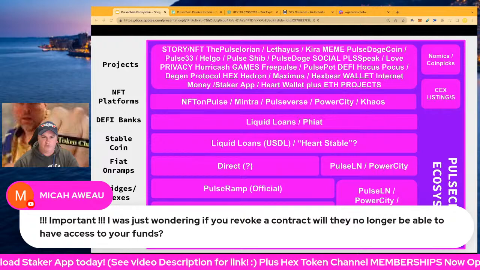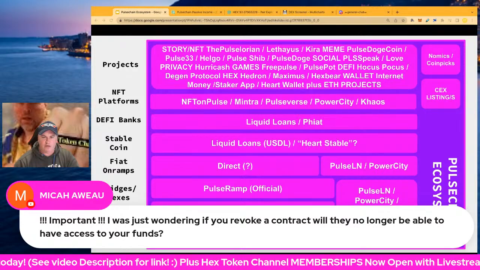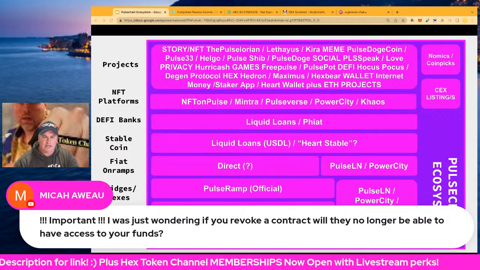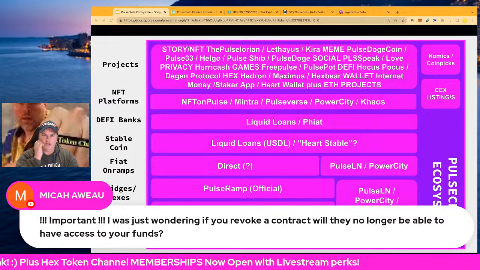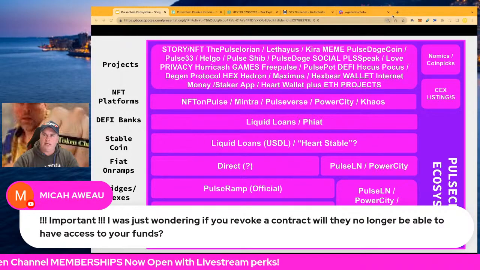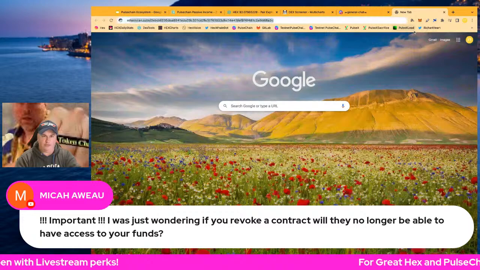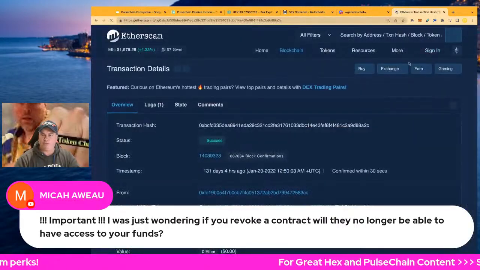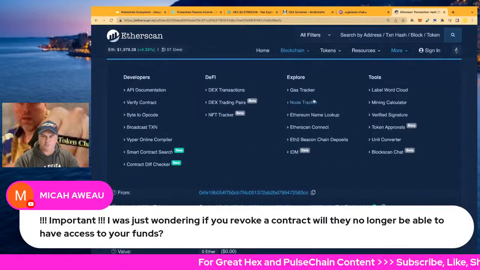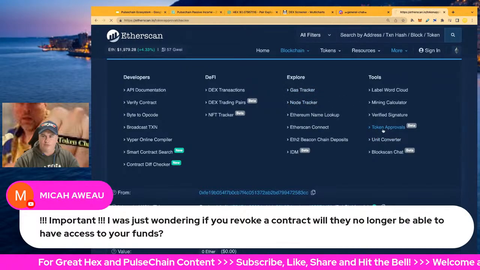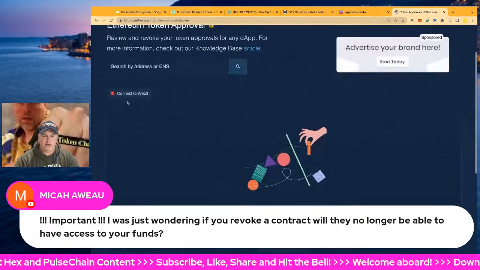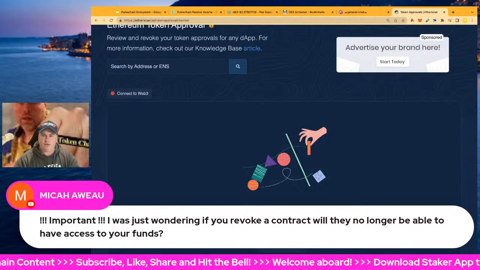I was just wondering, if you could revoke a contract, will they no longer be able to have access to your funds? Well, you can do your revoke contracts on Ethereum. You can go to Ethereum there, and of course you can revoke any spending approvals. So I don't know what you've been up to, but you can go to token approvals, connect your wallet to Web3 there, and of course remove.